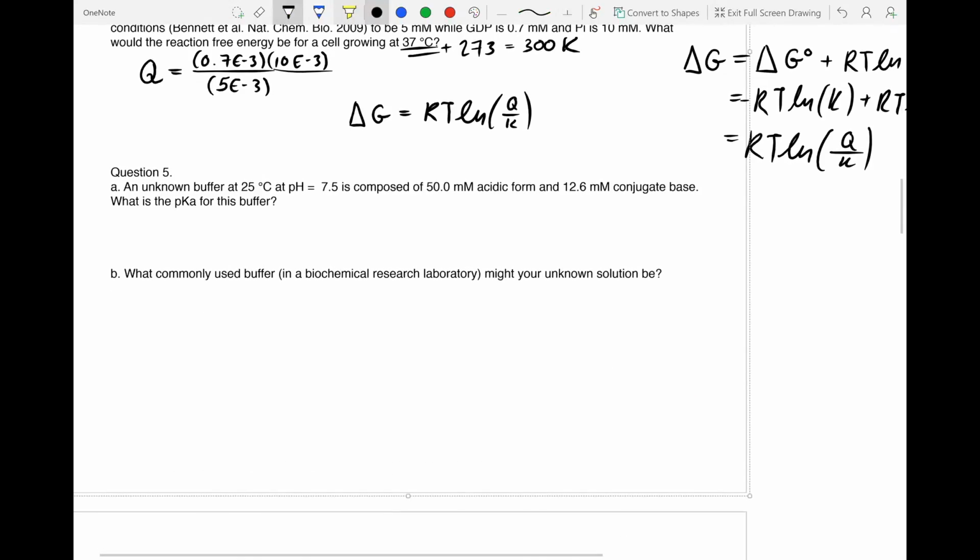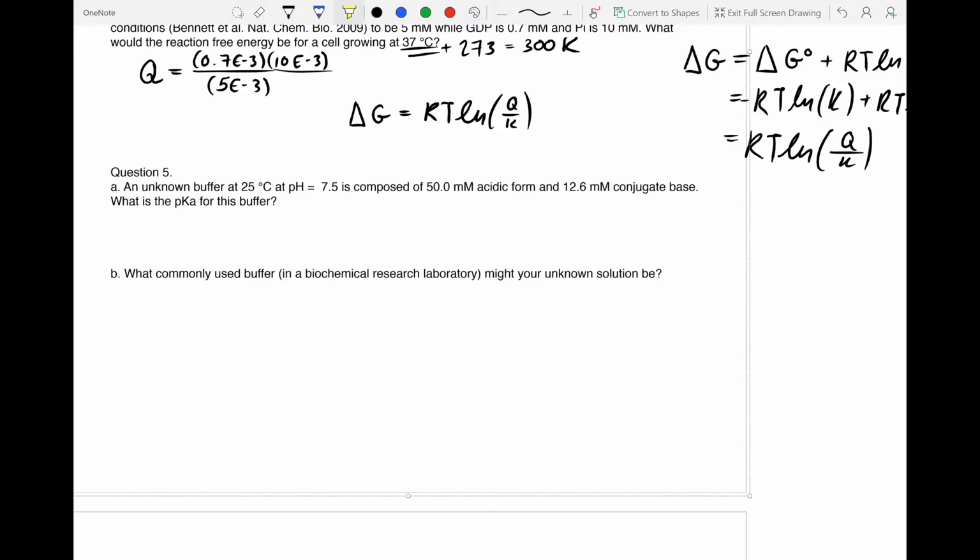So question 5 tells us that an unknown buffer at 25 degrees Celsius at pH 7.5 is composed of 50 millimolar acidic form and 12.6 millimolar conjugate base. What is the pKa for this buffer?